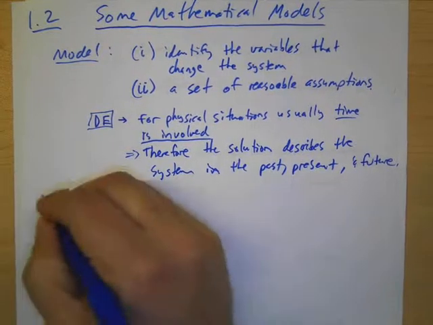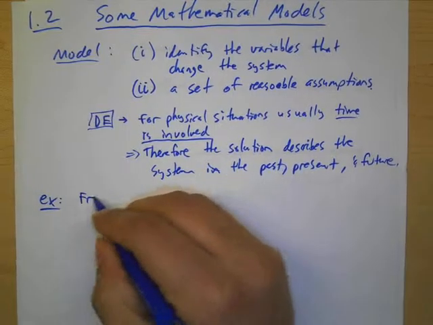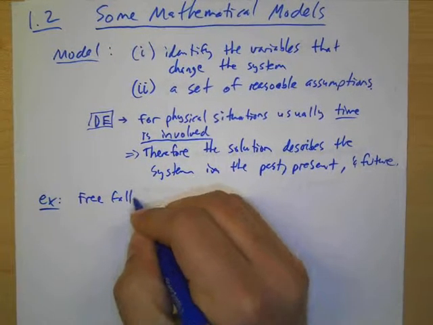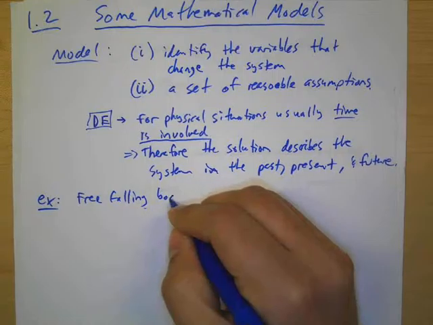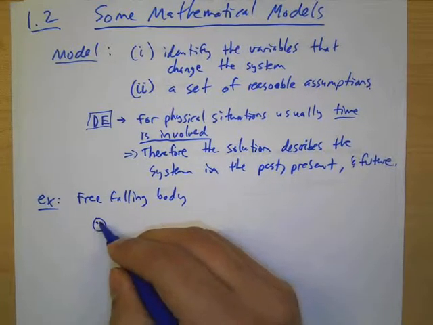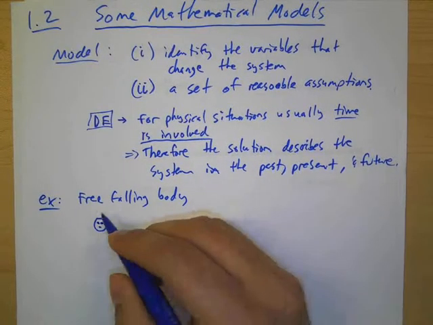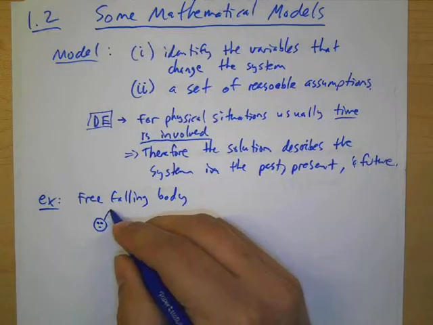So let's start with this example. Let's say you have a free-falling body. Let's say you have a bowling ball, and it's tossed upward.